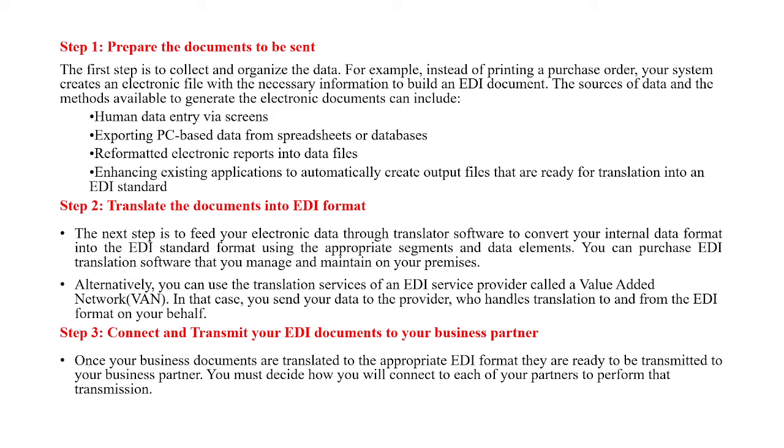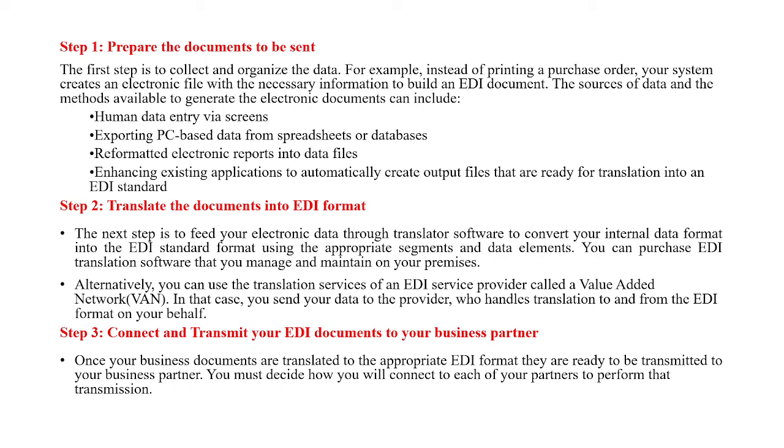Second, after getting that data, we translate that document into EDI format. In this step, we feed the electronic data through translator software, and this translator software converts the electronic data into internal data format given from the first step into EDI standard.